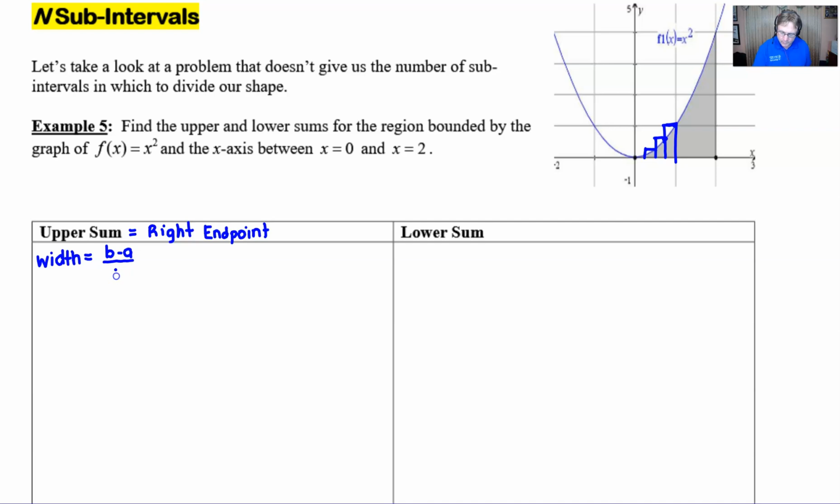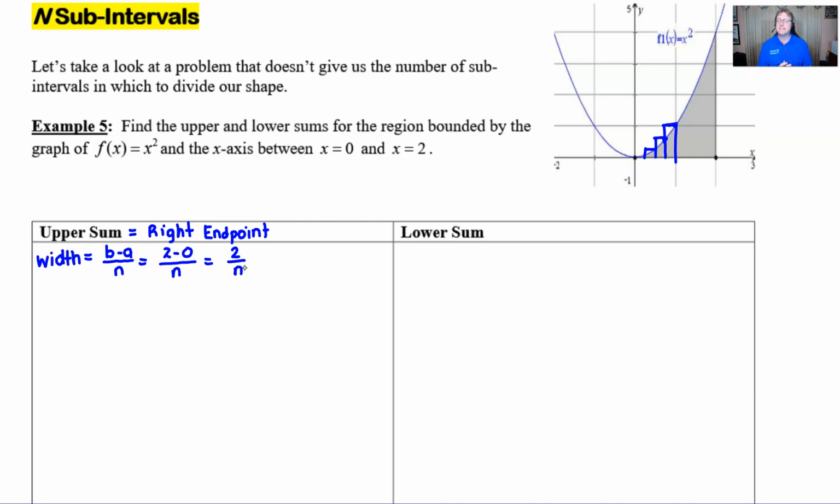Well, in this particular problem, the b and the a are clearly given as 0 and 2. And so when you subtract them in the correct order, 2 minus 0 over n, you get 2 over n. And unlike our previous problems, we don't know a value of n. So this is going to serve as our width.